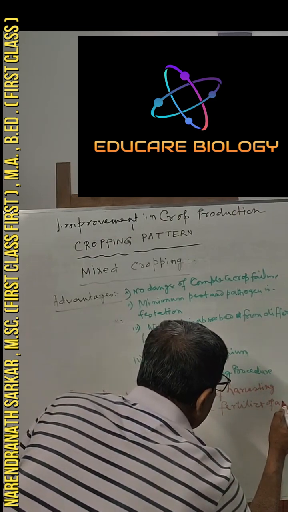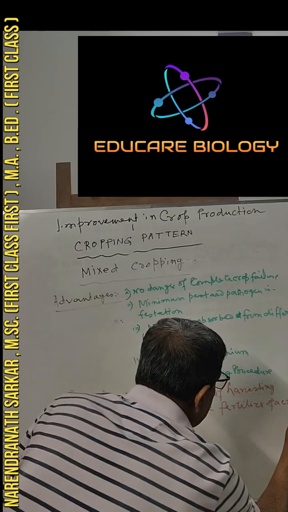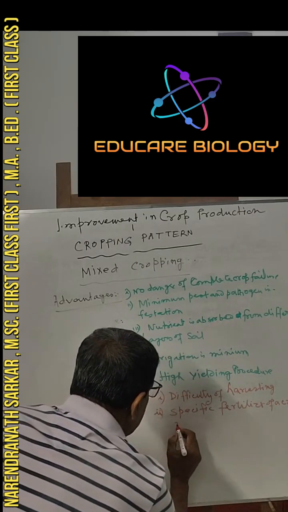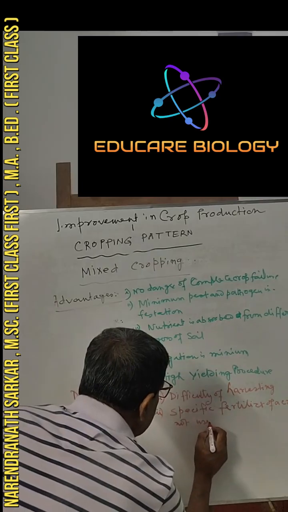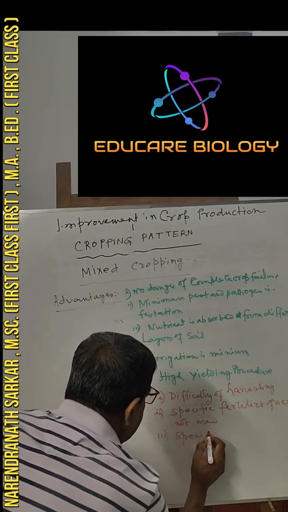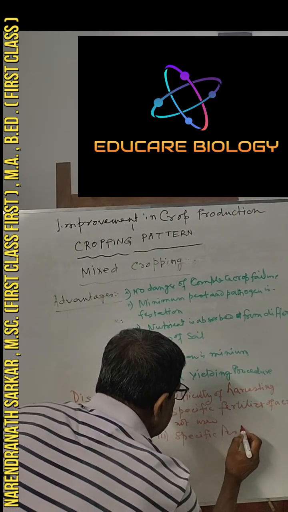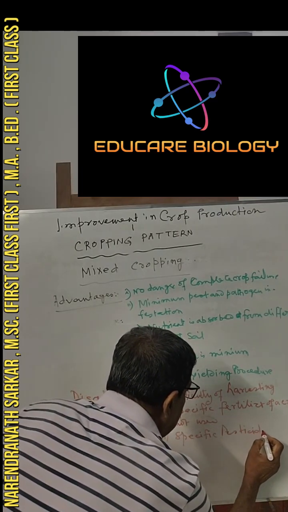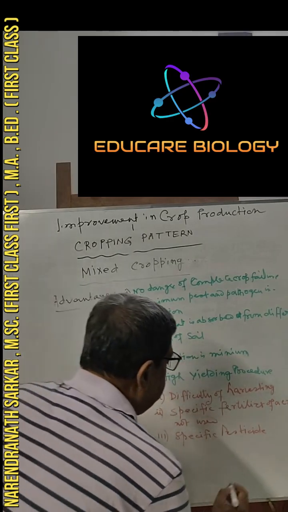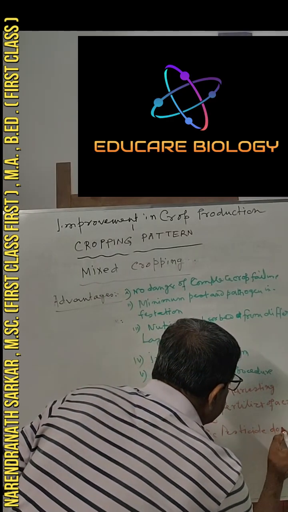Specific fertilizer of an individual crop is not used. Number 3, specific pesticide of a crop cannot be used.